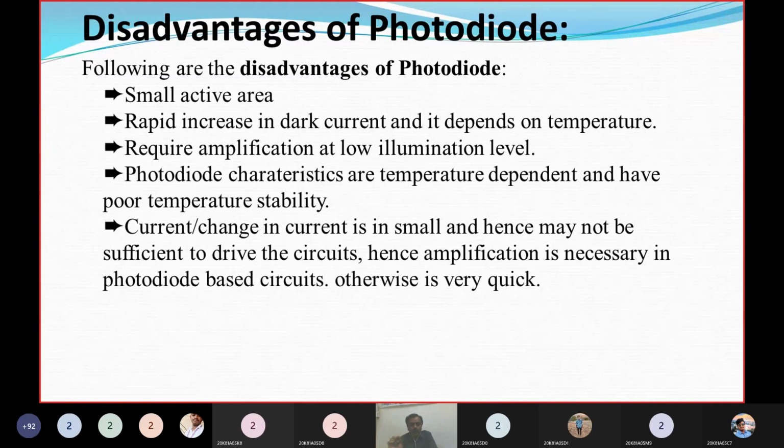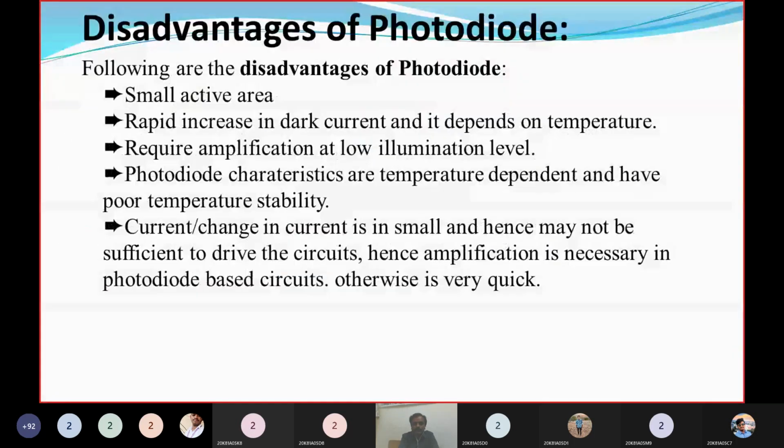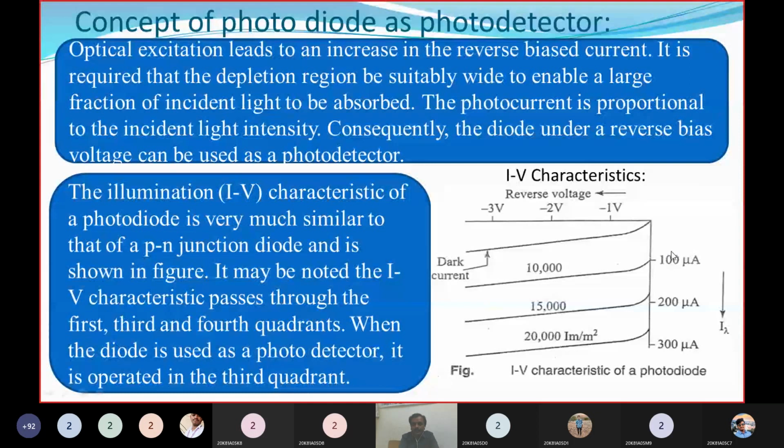The change in current is very small, as well as the current passing through the circuit. We already observed how much current is passing here: a very small amount, just 100 microamps for 10,000 lumen per meter square.